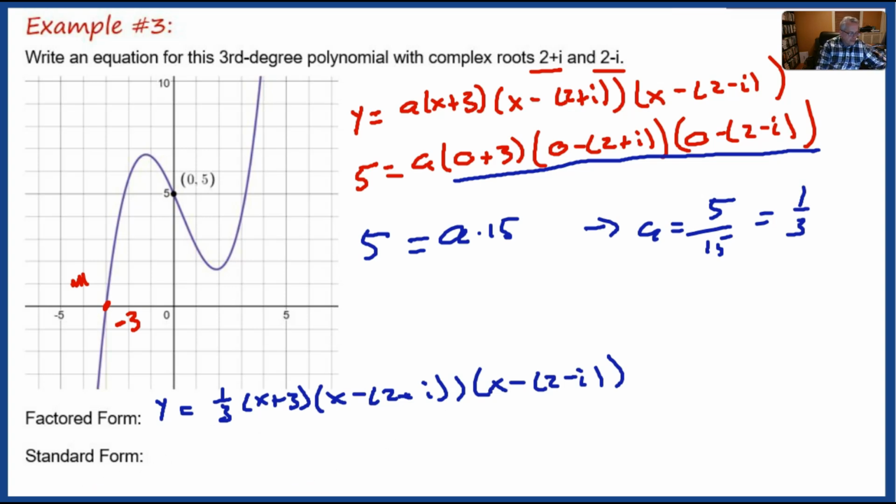But that's okay. We'll leave it like that. The standard form is y equals 1/3 x to the 3rd minus 1/3 x squared minus 7/3 x plus 5. A little bit complicated, but what I see is that when we multiply all this out, no more complex numbers. So this is a polynomial for that function.